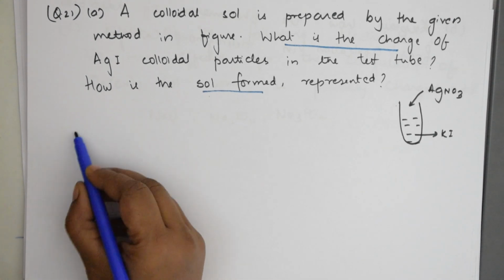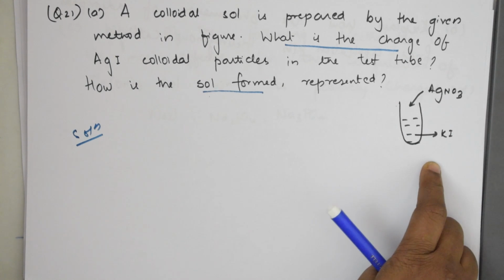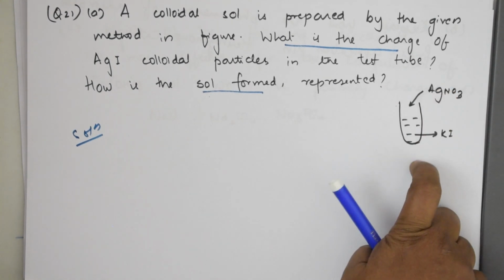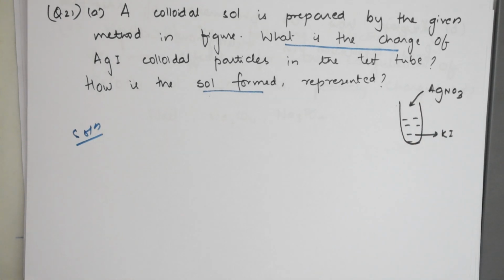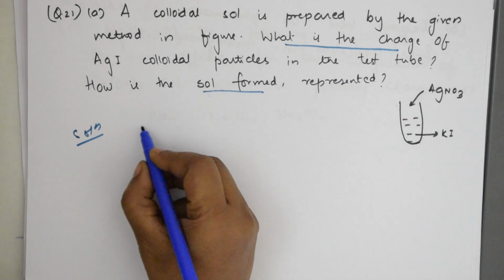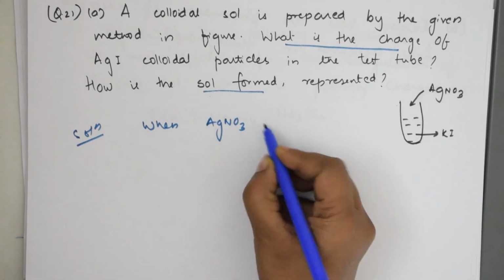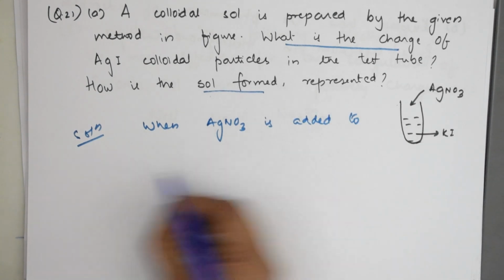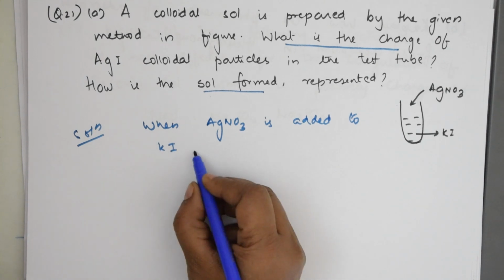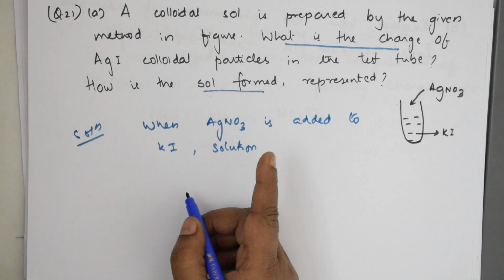There are two things: silver nitrate added to potassium iodide, or potassium iodide added to silver nitrate, both combinations. But here they've given us AgNO3 added to KI. So you start your answer like this: when AgNO3 is added to potassium iodide solution, write the reaction.